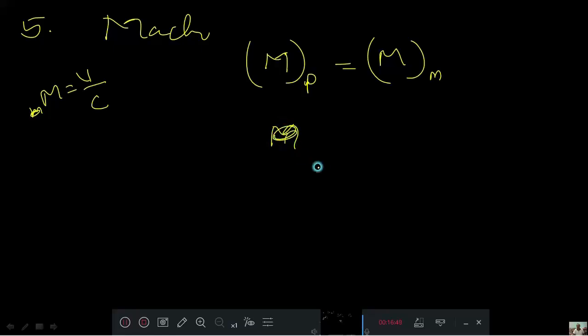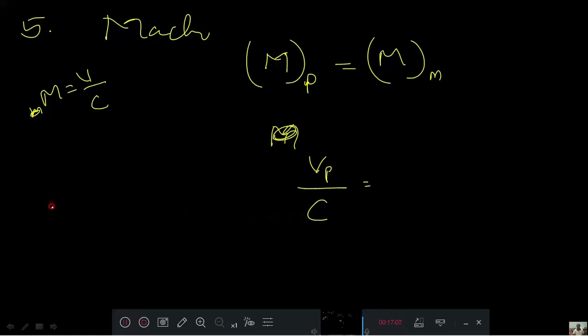The fifth one we have is the Mach model law. What is the Mach number? M equals V by C. The Mach number for the prototype and the Mach number for the model must be the same. C is the speed of sound, and it varies depending on the medium.